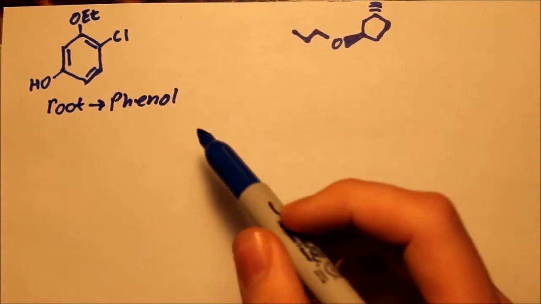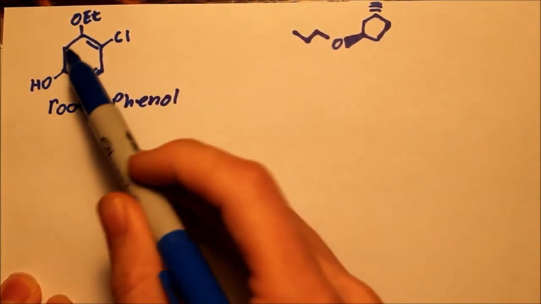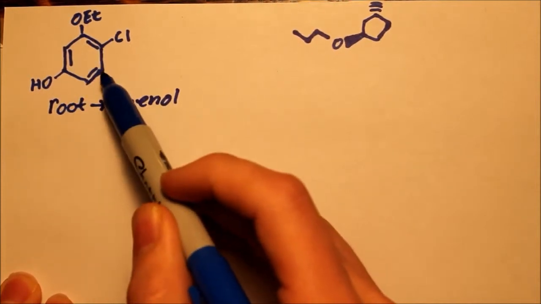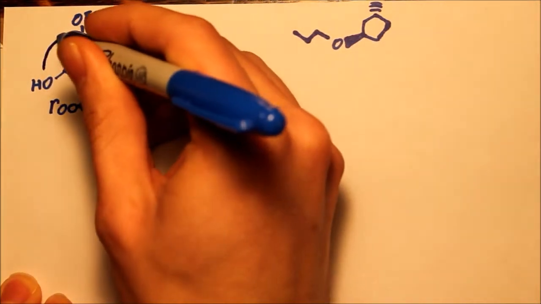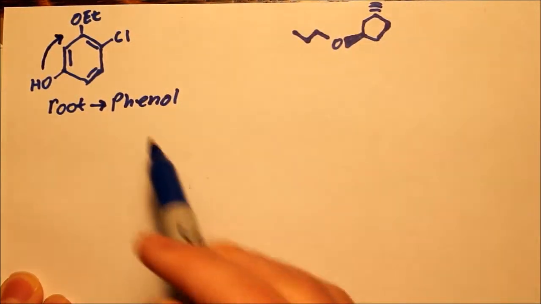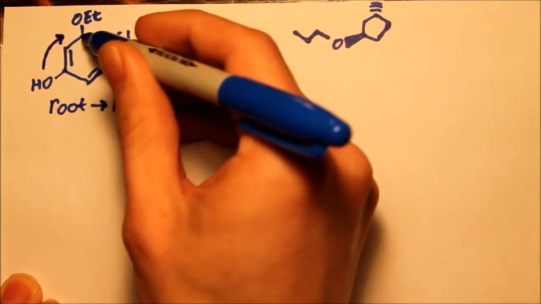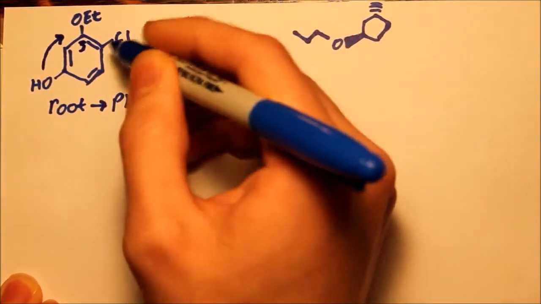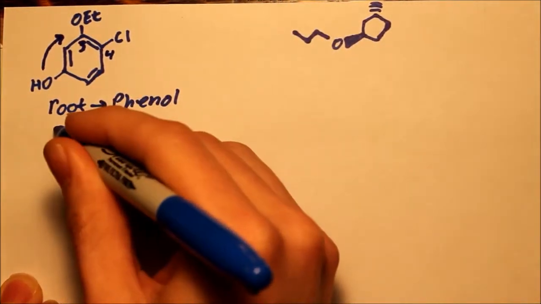And then we start counting. 1, 2. Well, here we just have a hydrogen, here we have an ether. So we go around the circle like this. And that's at position 3 if we count 1, 2, 3. There's no shame in numbering these on your test or anything else like that. So we know substituents.